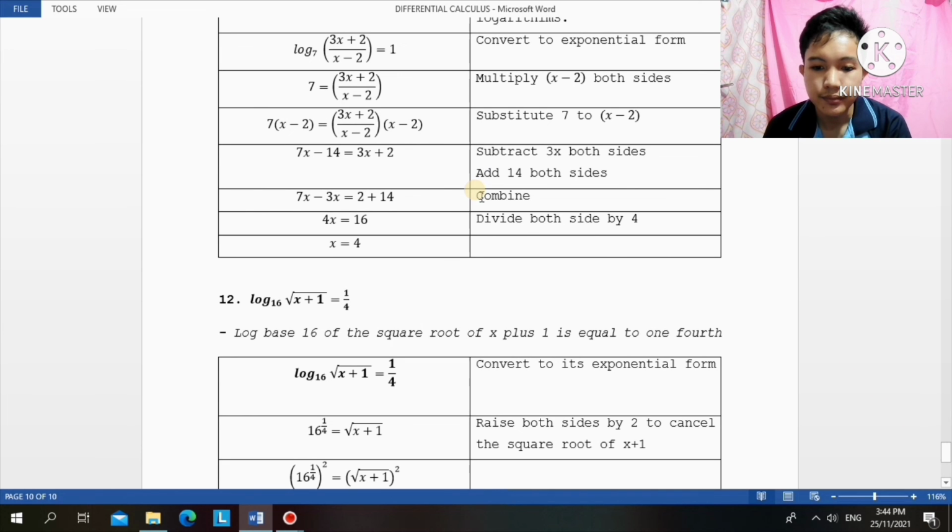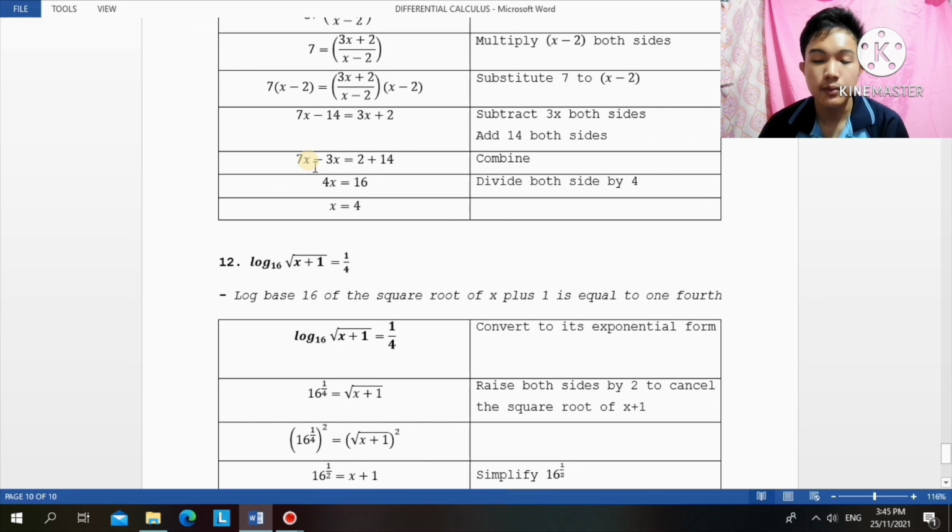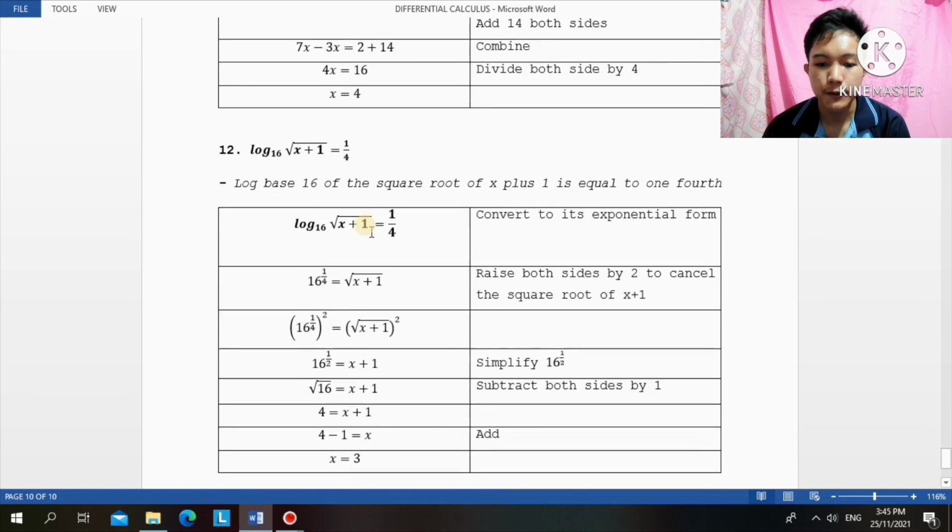So our equation will be 7x minus 3x, because we subtracted 3x from both sides, then 2 plus 14. So 7x minus 3x is equal to 4x, then 2 plus 14 is equal to 16. So divide both sides by 4. The value of x is equal to 4.